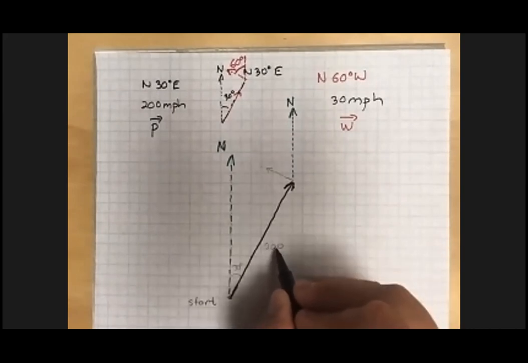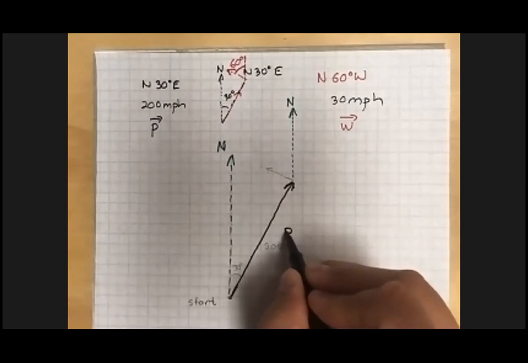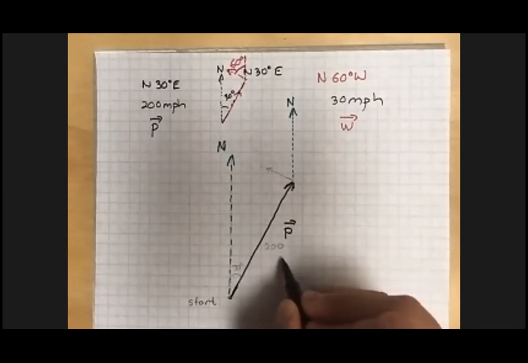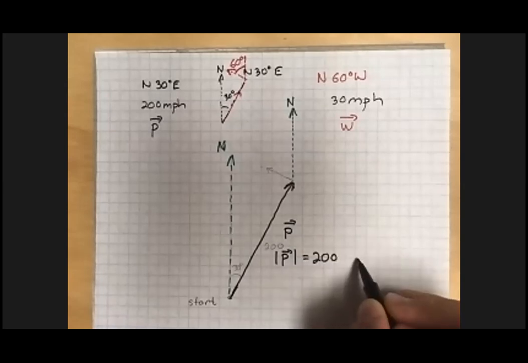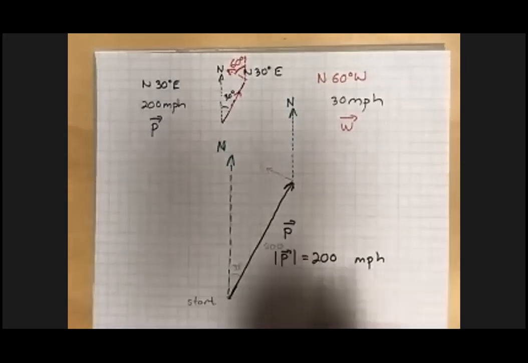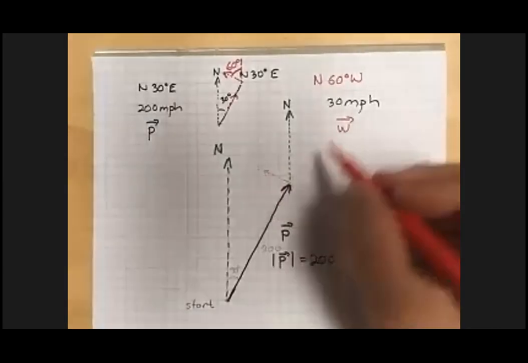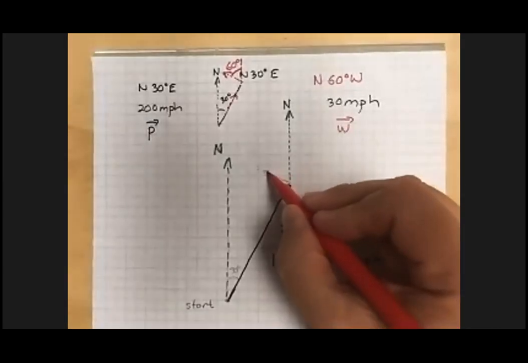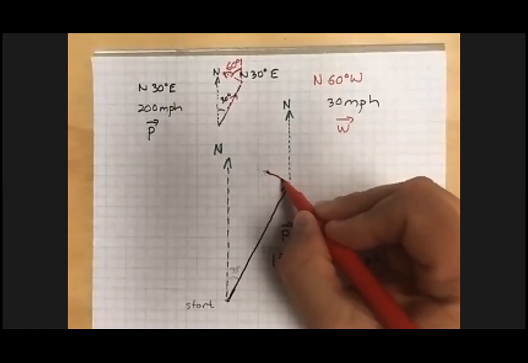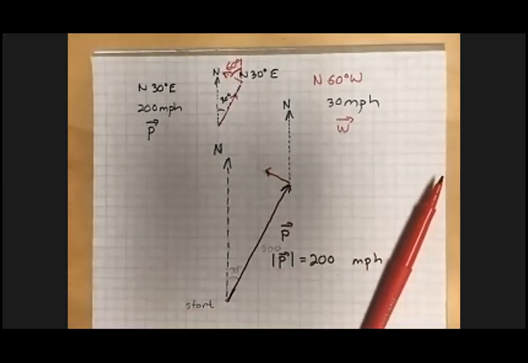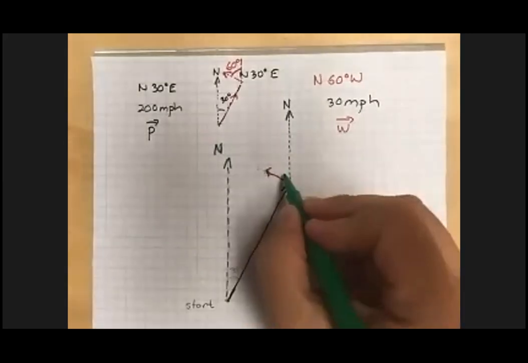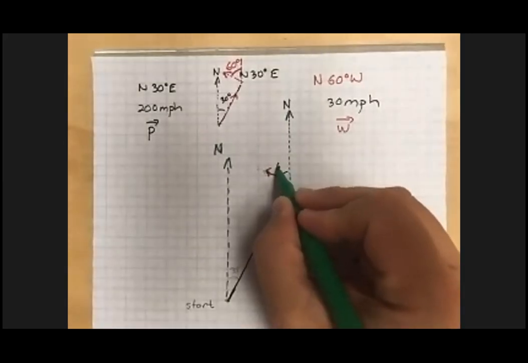So this is the vector P, and the vector P has a magnitude of 200 miles per hour. Now this shorter wind vector heading over here is 60 degrees from the north.